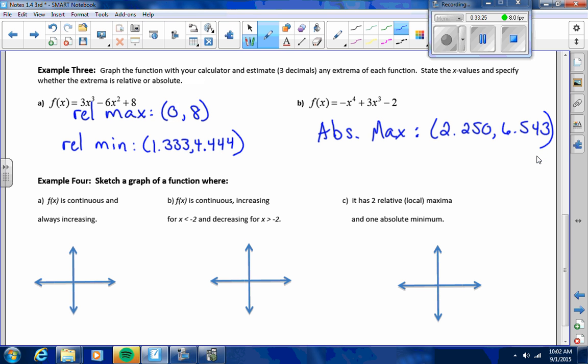Example 4, sketch a graph of a function where it meets each of the different criteria. You're going to do these on your own. You're going to give it a shot and try it. On the first one, I want you to come up with a function f of x that is continuous and always increasing. Go. Function that is continuous and always increasing.